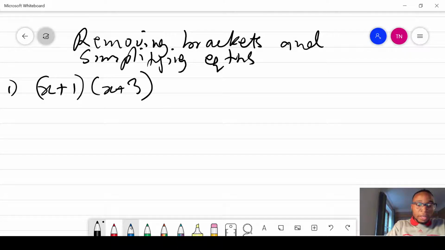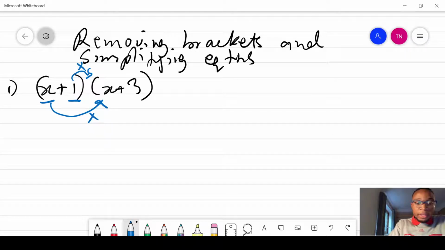So we're going to take x and 1, and these are going to be multiplying the other component that we have here.